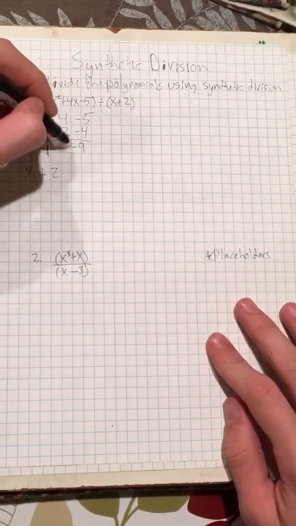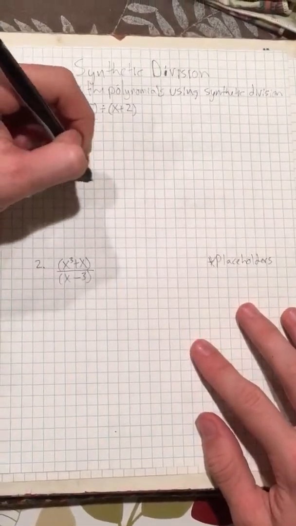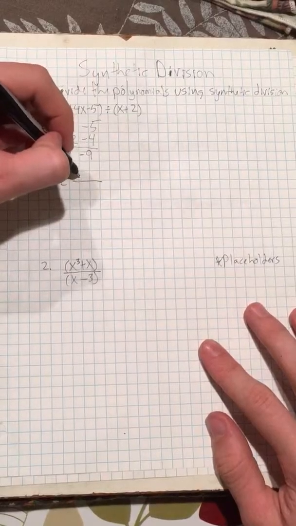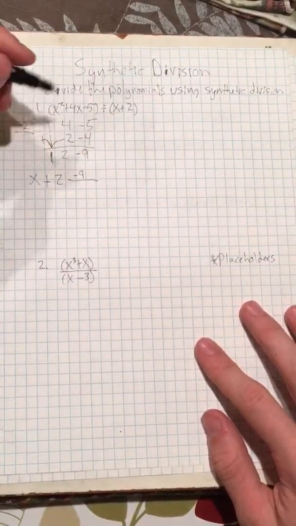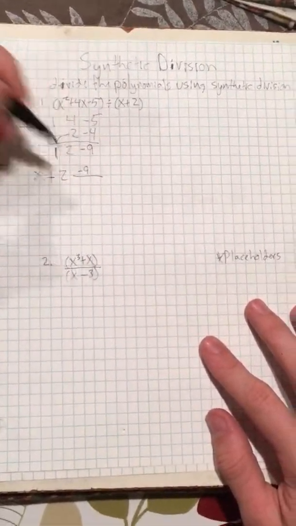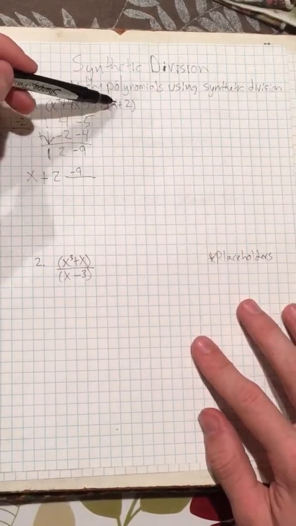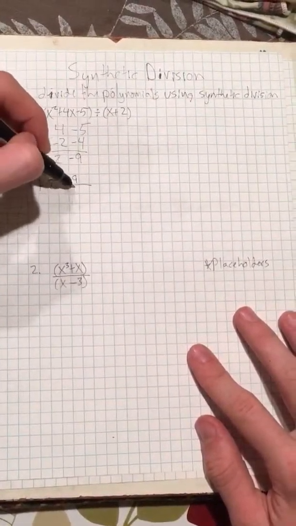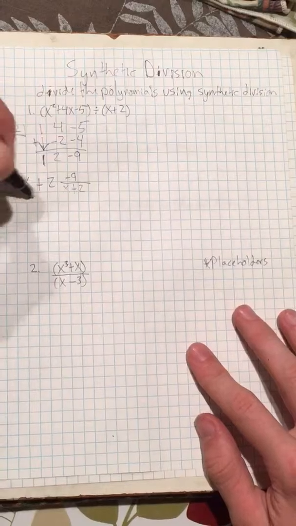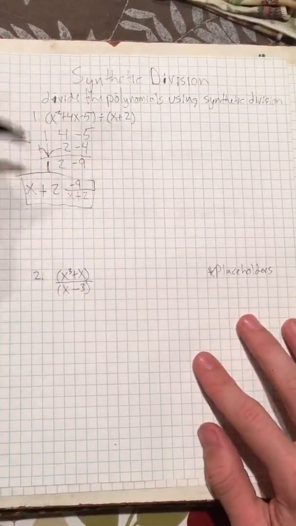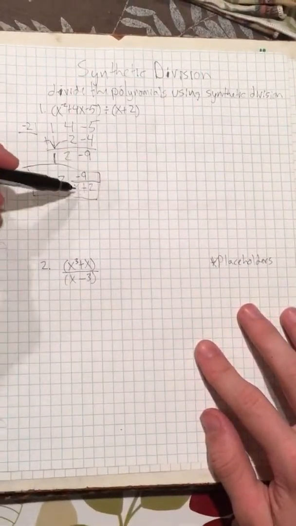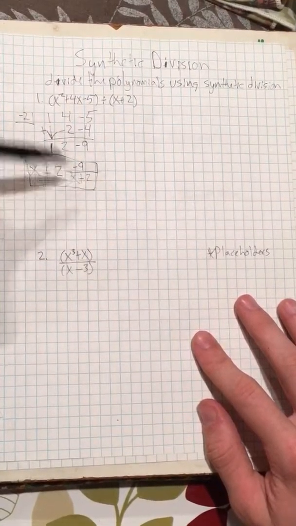And then you have this remainder right here. So you're going to write that as a fraction. You're going to put -9 on top, and then your original linear binomial, x plus 2, underneath it. So that's how you're going to do that one. That's how you'll write all your remainders.